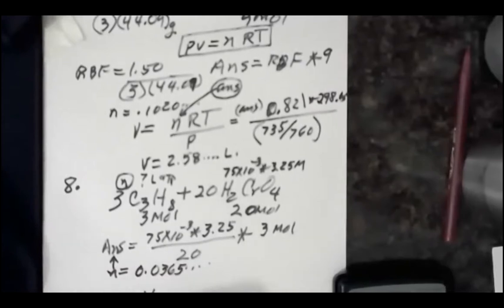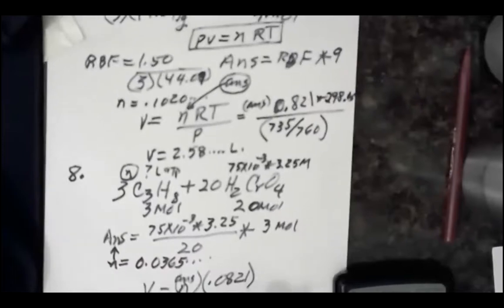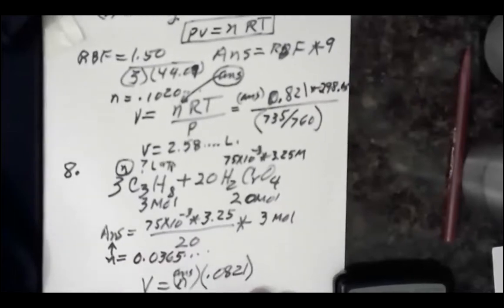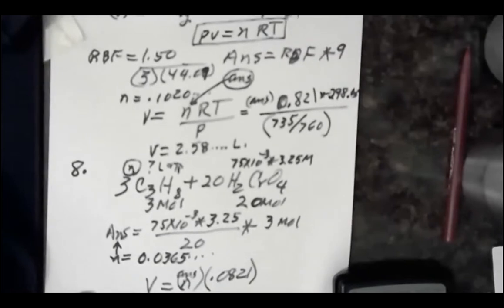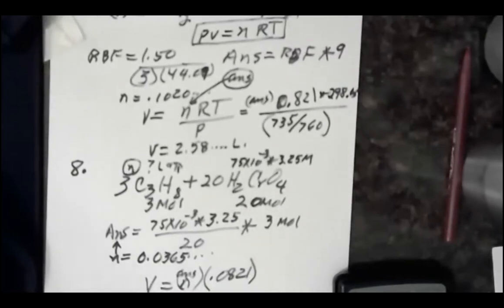And then I'm going to use volume equals N, that's my answer, times R, 0.0821. Temperature in this problem is 290. Did I work?